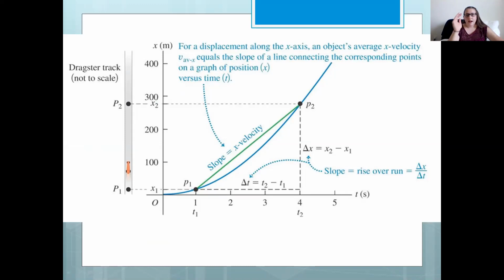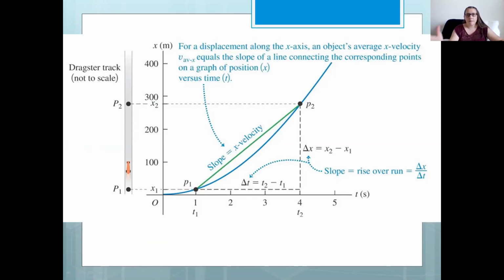And remember, average velocity is our change in position over change in time. Position is our y variable. So if we're changing our y variable divided by changing our x variable, that's the same thing as calculating the slope of the line connecting those 2 points.